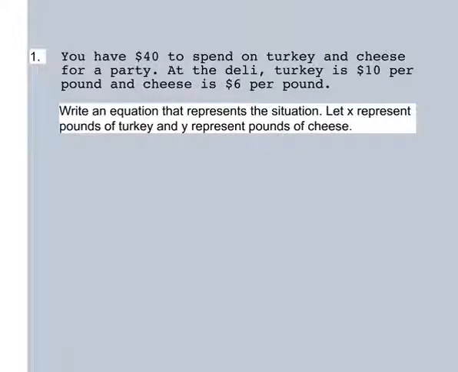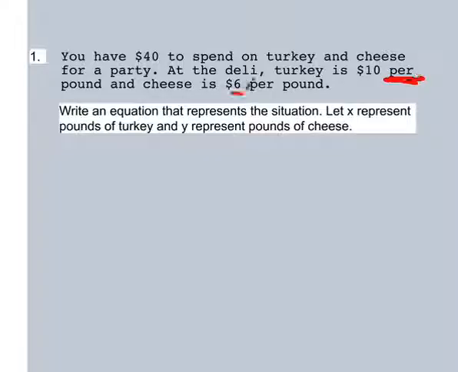We're going to jump right to the first one. And this is a situation where you'd have to write an equation, very similar to the water world equation. You have $40 to spend on turkey and cheese for a party. At the deli, turkey is $10 per pound. There's the word per, so it's going to represent change.